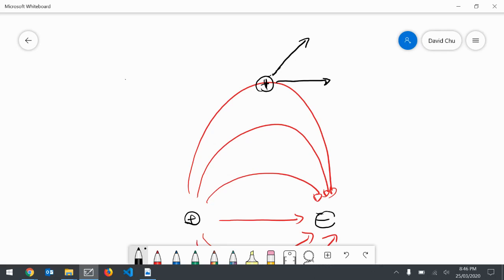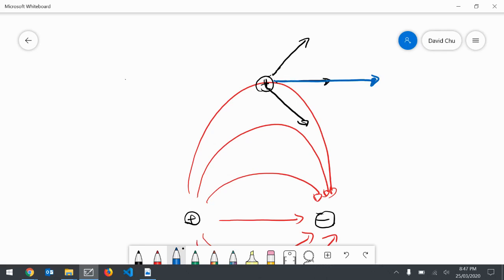And now, because of the principle of superposition, the vector due to this negative charge is going to go that way, which means if you combine the two together, then the vector sum is going to be horizontally in that direction.